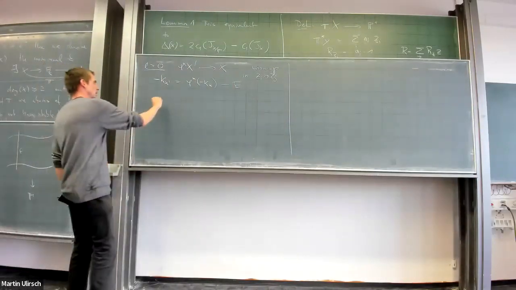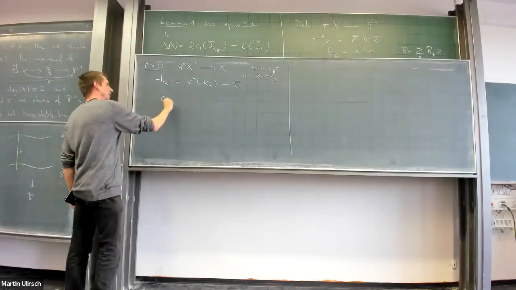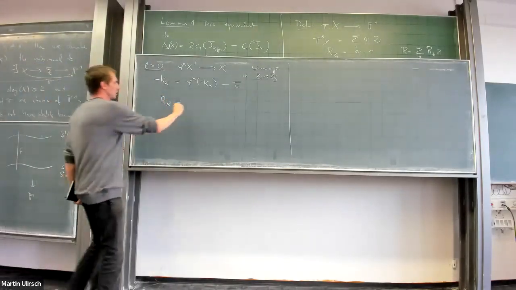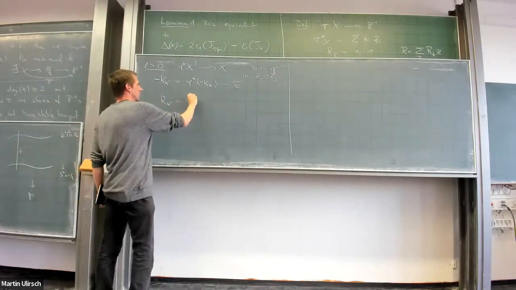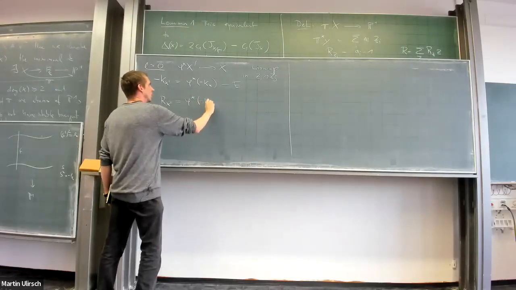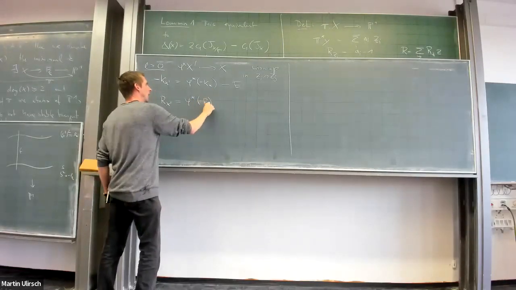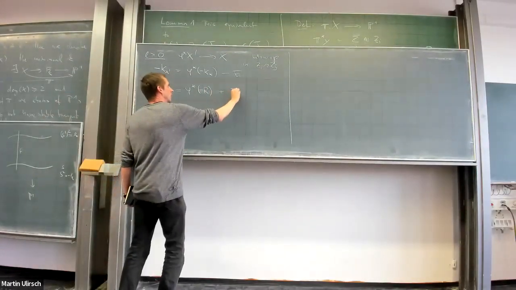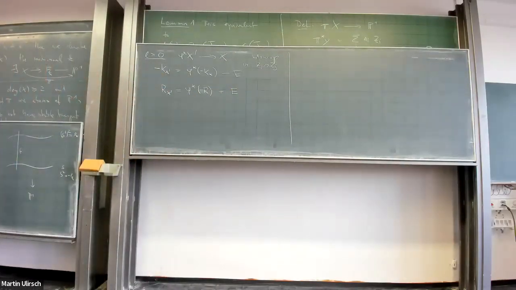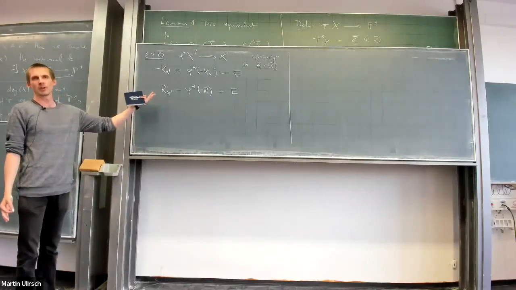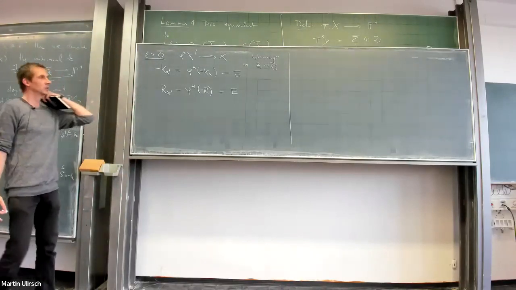So the question is, what happens to the ramification divisor here? The claim is this is the pullback of the ramification divisor downstairs, and then we get plus E. Let me first remark that if this is true, then we are obviously done.